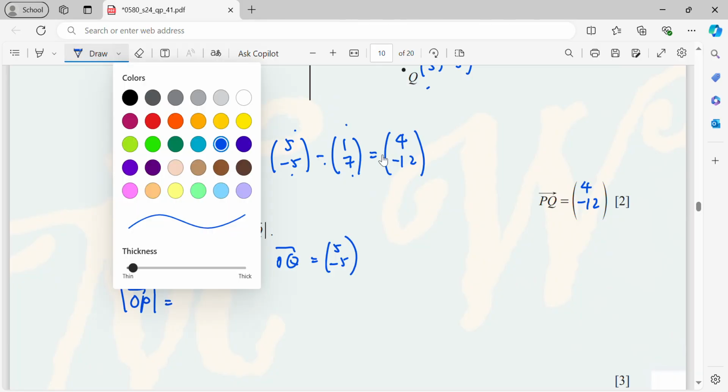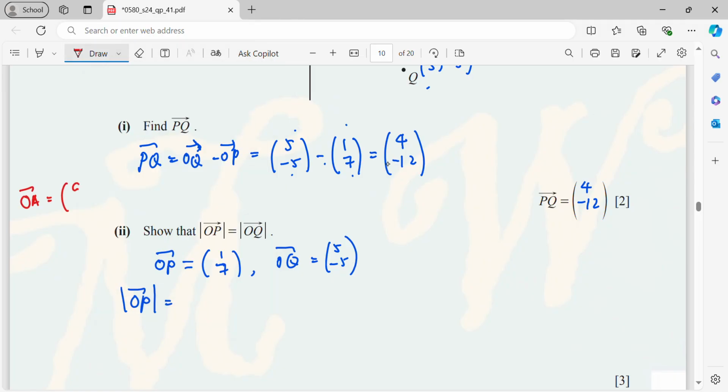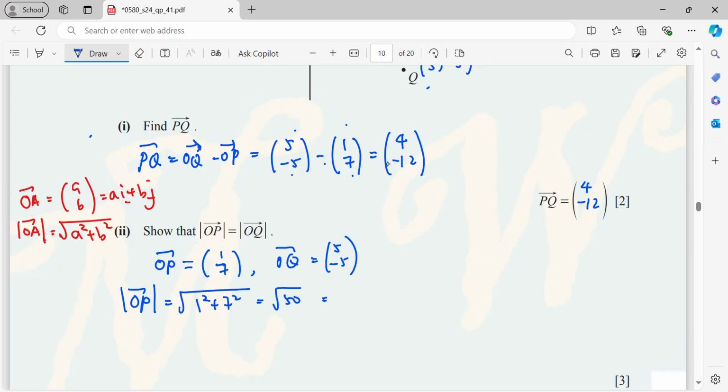Now for your information, if let's say you are given OA equals A and B, or Ai plus Bj, so your magnitude of OA is basically square root of A squared plus B squared. So now here I will get square root of 1 squared plus 7 squared. That is 1 plus 49. Then you will get 50. So square root of 50 is actually 5 times 5 times 2. That is 5 square root 2.